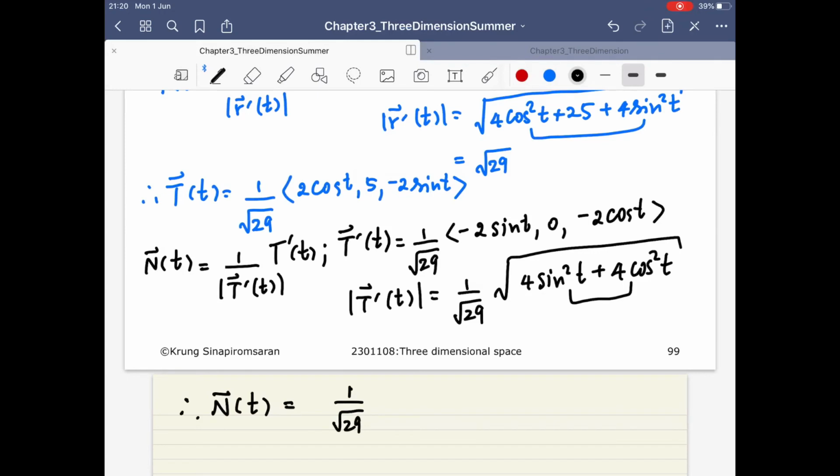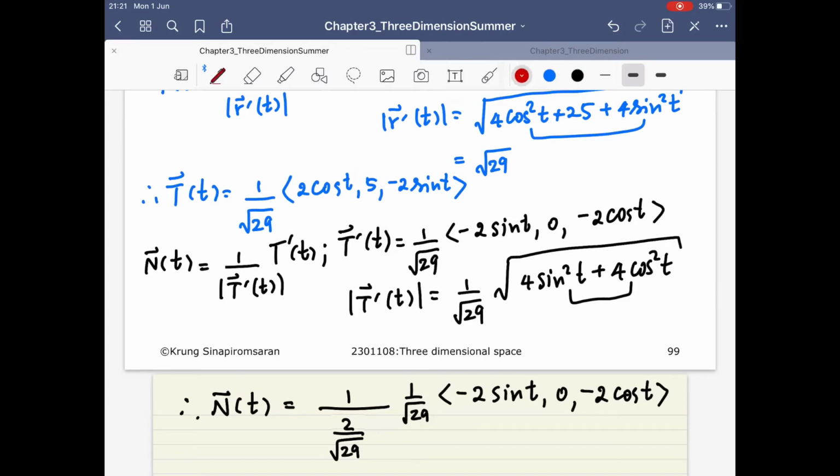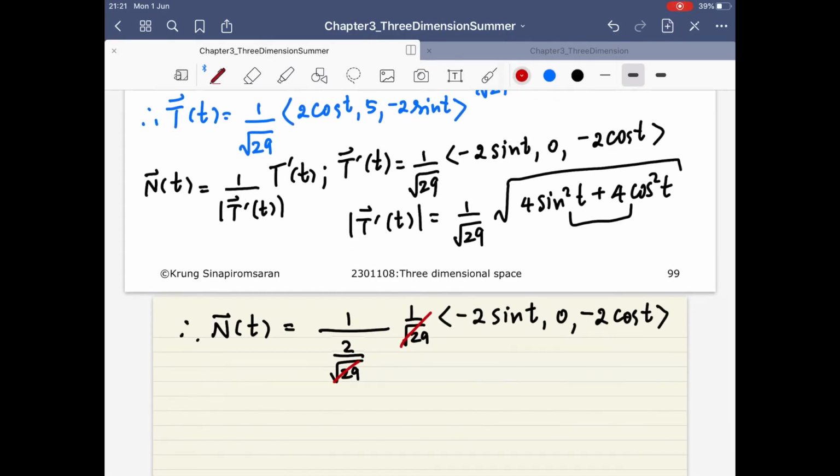I'm sorry, let me just do the length first. So the length is 2 over square root 29, and then 1 over square root 29 of the vector negative 2 sine t, 0, negative 2 cosine t. So the 1 over square root 29 will be cancelled, right?